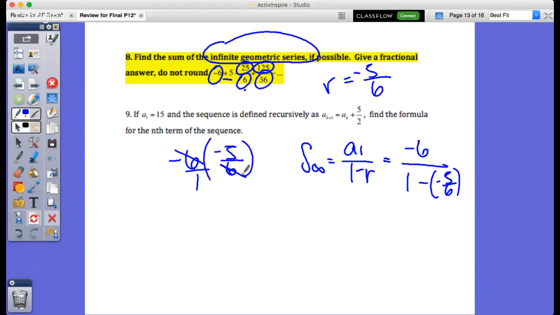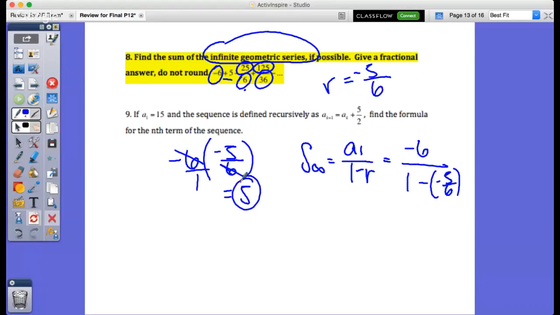So -1 times -5 is 5. Wait, no. Show me how you got it. -30 divided by 6. Say that again. -30 divided by 6, which would be -5, but it's +5.